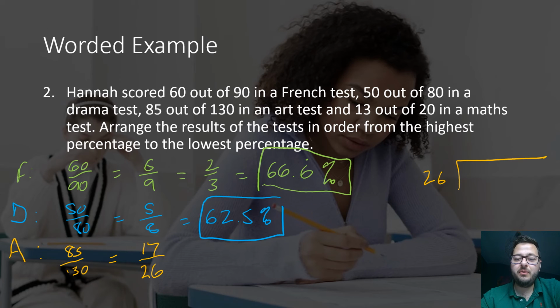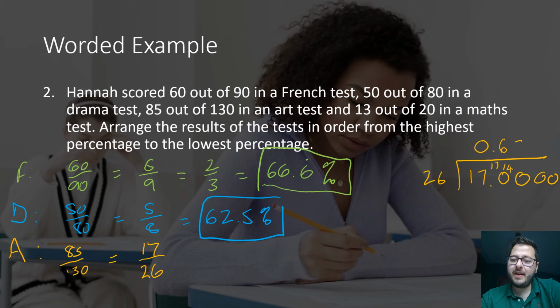So we want to do 17, put a few zeros in there, divided by 26. So how many 26s go into 17? 0. How many 26s go into 170? Well, at least, so 5 is 130, 156, so that is 6, remainder 14.